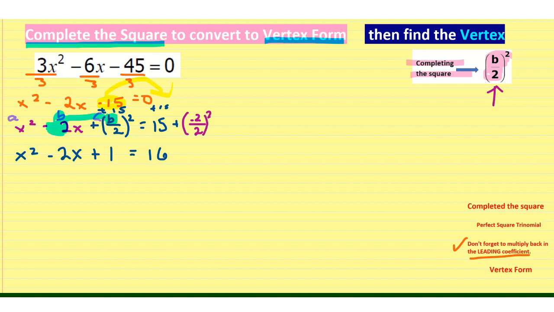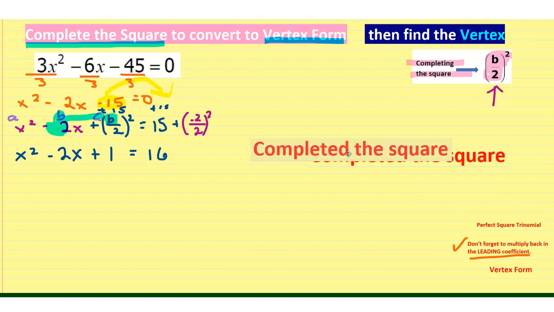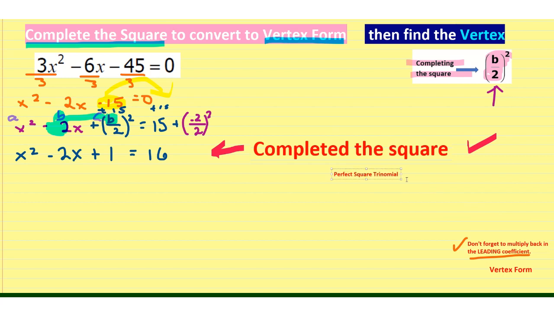So at that point, I have now completed the square. That is accomplished at that level. Okay, so when I've completed the square, it actually turns my quadratic into a perfect square trinomial.